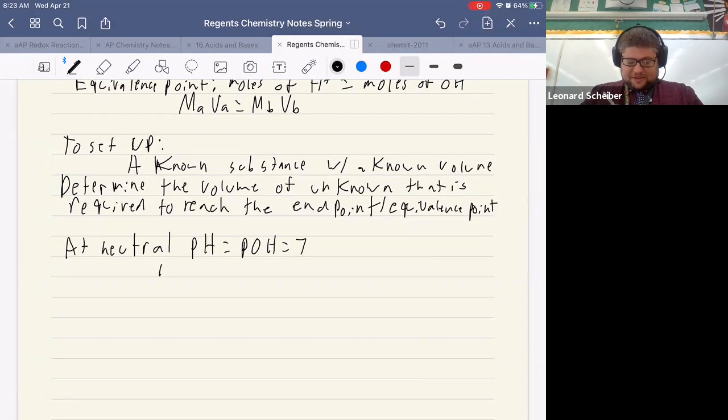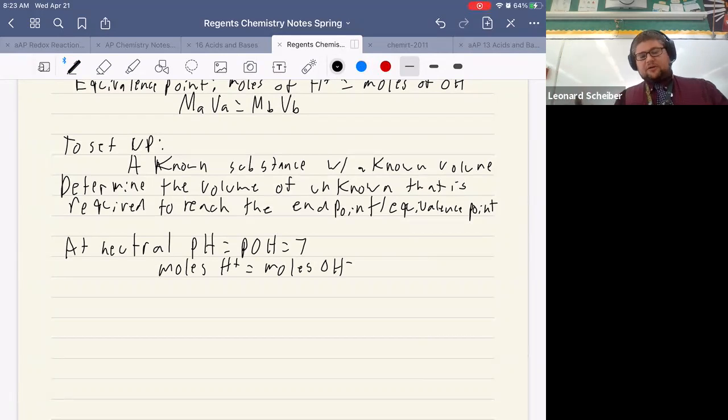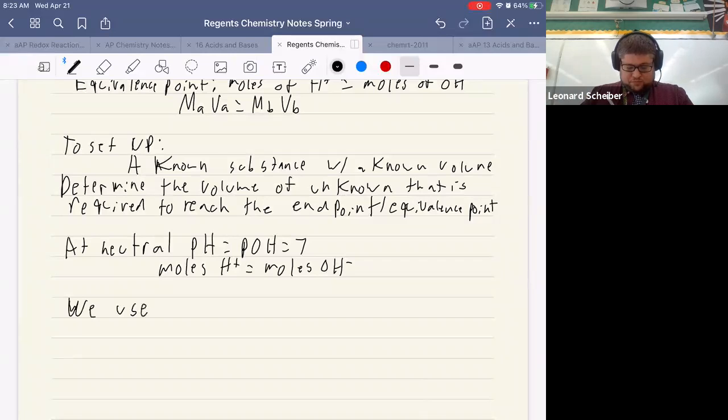And that's because the moles of H plus are equal to the moles of OH minus. So for this particular type of titration, we use phenolphthalein as our indicator.